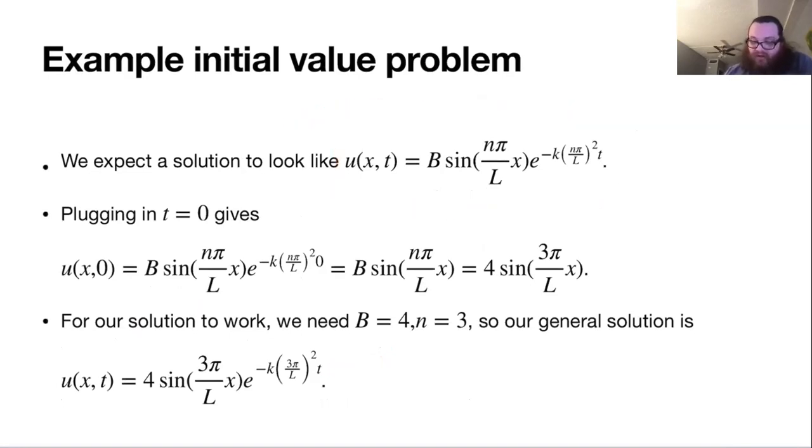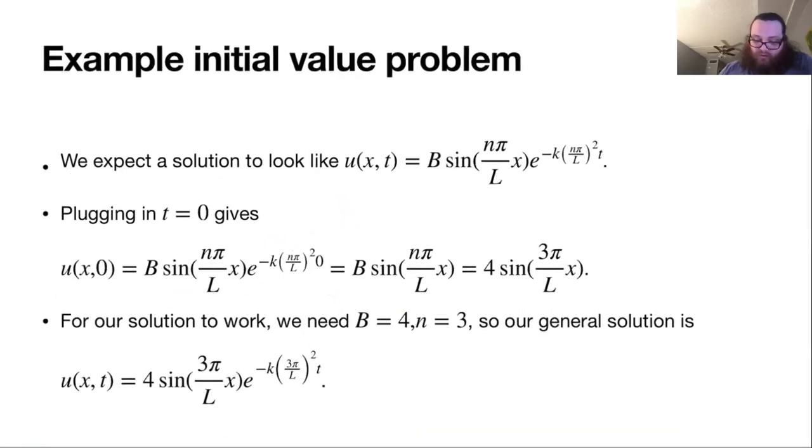As I mentioned, here's our template solution. If we plug in t equal to 0, this is unaffected, this is unaffected, and t goes to 0, so e to the minus k (n pi over l) squared t goes to 1. So the value of our solution at t equal to 0 is b times sine of n pi over l x times e to the whatever, which is just 1. We're left with b sine of n pi over l x.